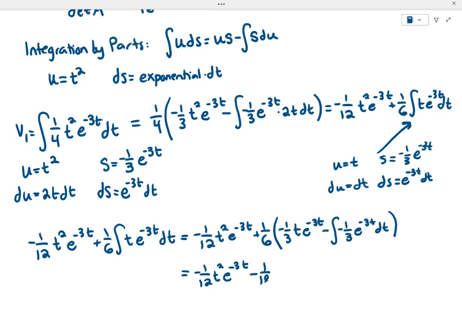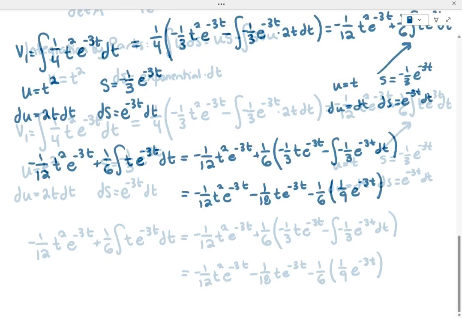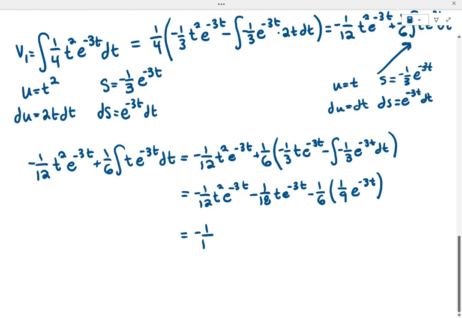minus 1/18 t e to the negative 3t minus 1/6 times open parentheses 1/9 e to the negative 3t, which equals negative 1/12 t squared e to the negative 3t minus 1/18 t e to the negative 3t minus 1/54 e to the negative 3t.